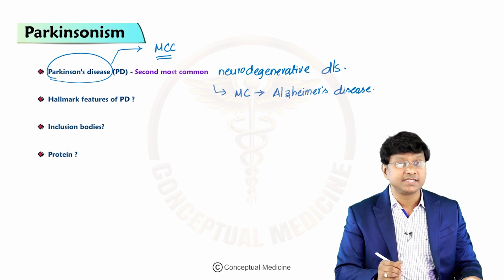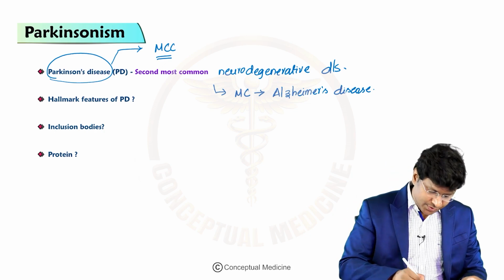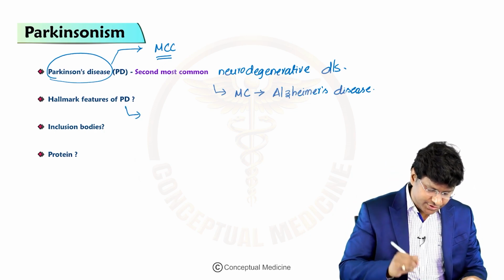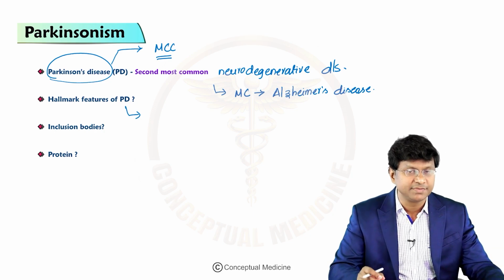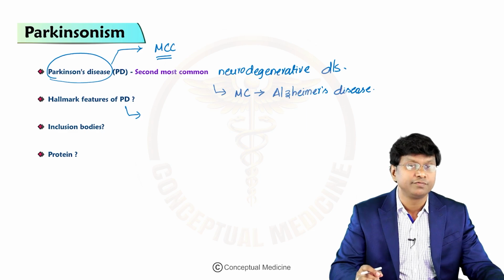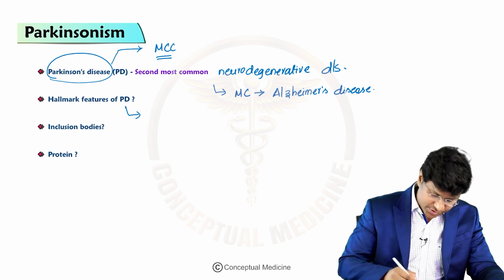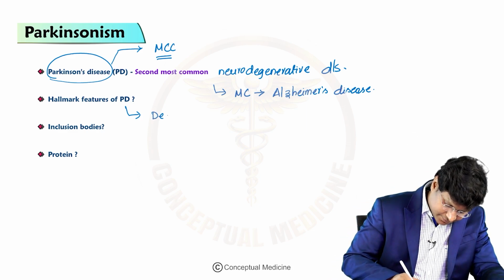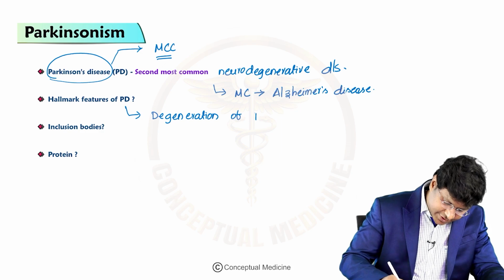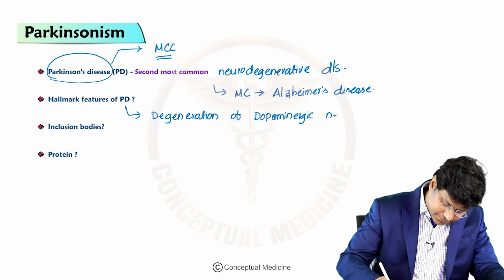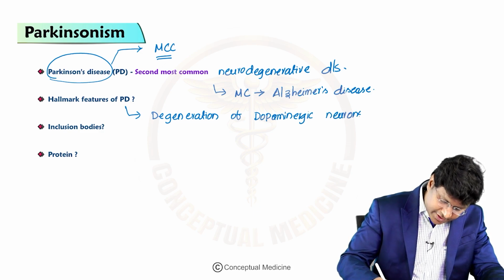Right, that will be Alzheimer's disease. Okay, so what are the hallmark features of Parkinsonism? The hallmark feature of Parkinsonism is degeneration of dopaminergic neurons.